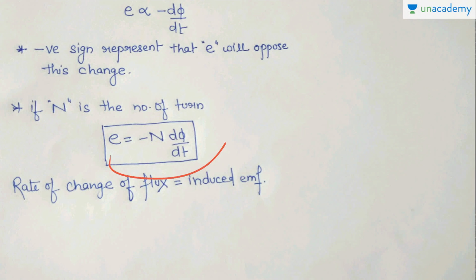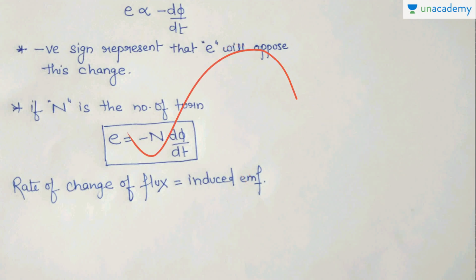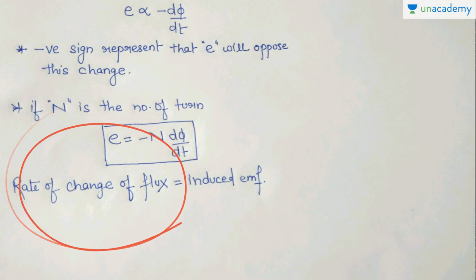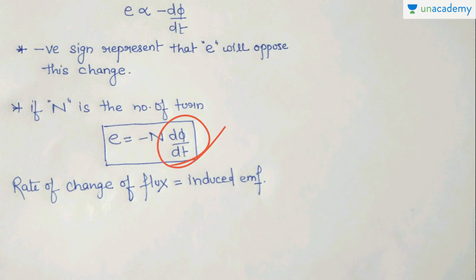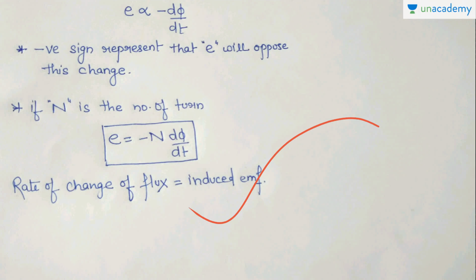This can be written as E is equal to minus n d phi by dt, where n is the proportionality constant or the total number of turns present in the coil. So simply one can say the rate of change of flux will be equal to the induced EMF in a coil. For specific purposes, we say this is equal to the magnitude of the induced EMF.